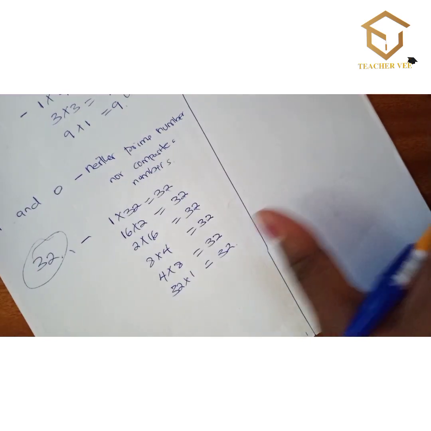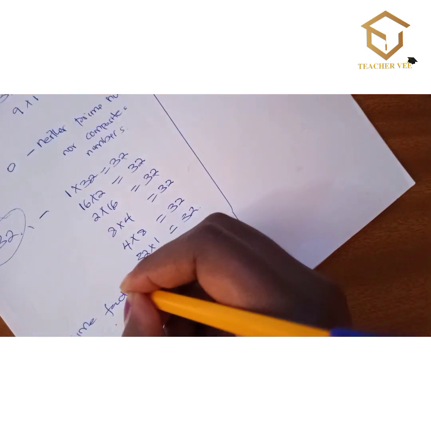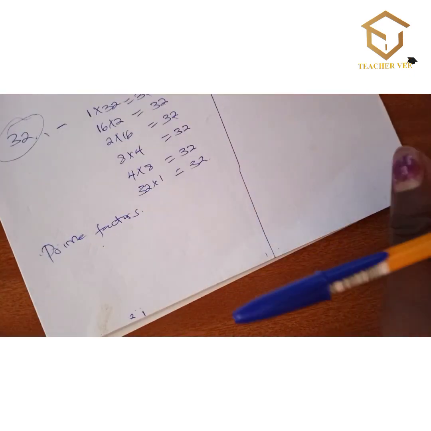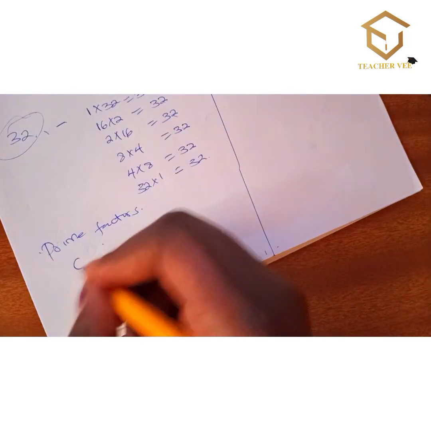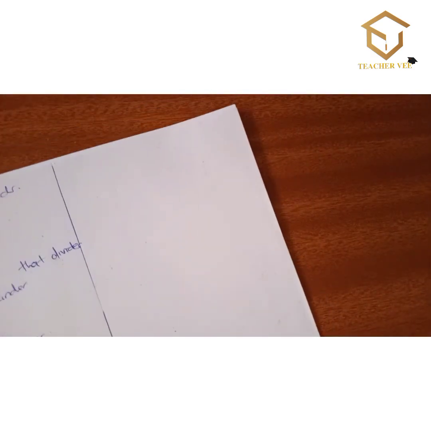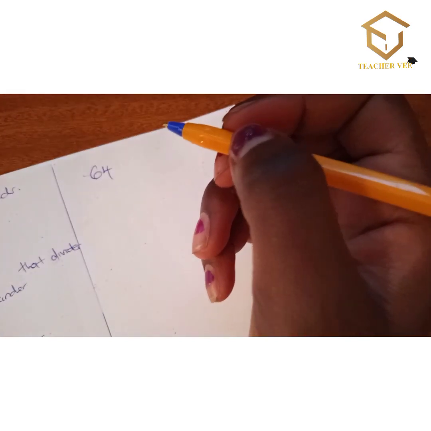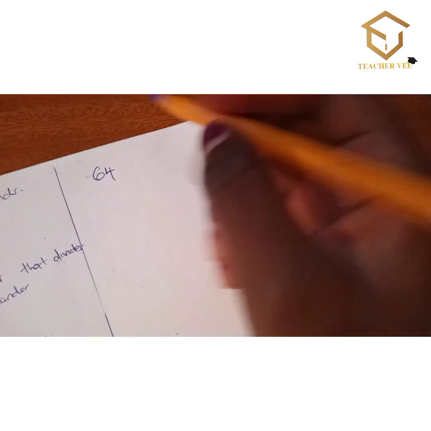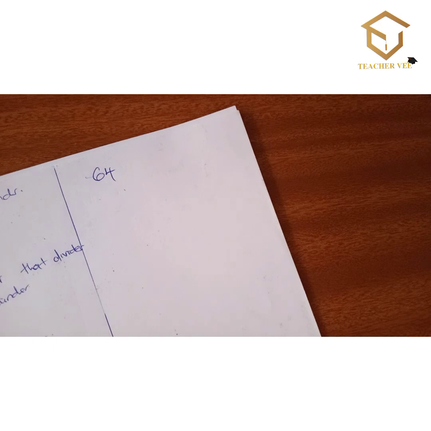Let's dip into another thing, that is the prime factors. In a question, you may be told to write your answer as a product of prime factors. For example, when you're given 64, and you are told to leave this as a product of its prime factors and leave your answer in power form.